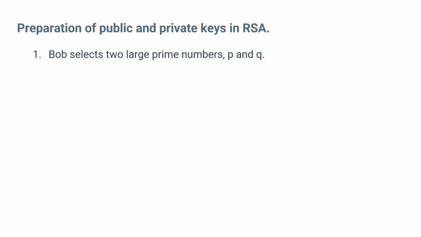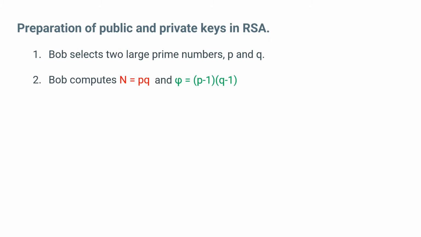He is going to select two large prime numbers, P and Q. Now in our examples our numbers aren't going to be that big, but if he wants this to be very secure, he will choose two very large prime numbers. We'll call one P and one Q. Now he's going to compute the product of those two numbers, which we'll call N. N will be the product of P and Q.